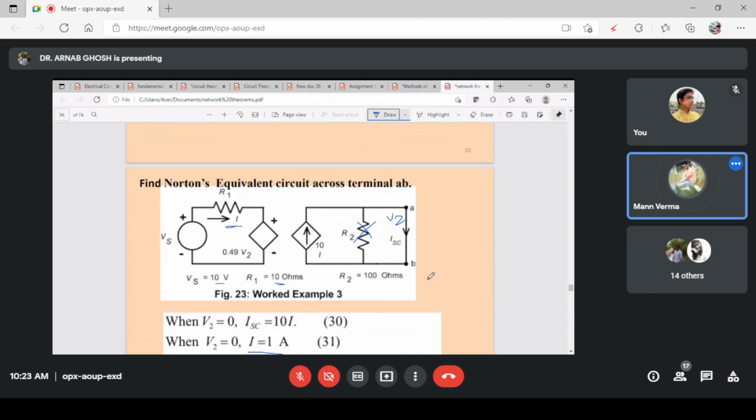Yes, sir, it's clear. Okay, so I will explain this dependent sources case. I will write it on an A4 sheet, show it through the camera and explain it to you. I think that will be easier for you to understand. Yes, sir, that will be better.